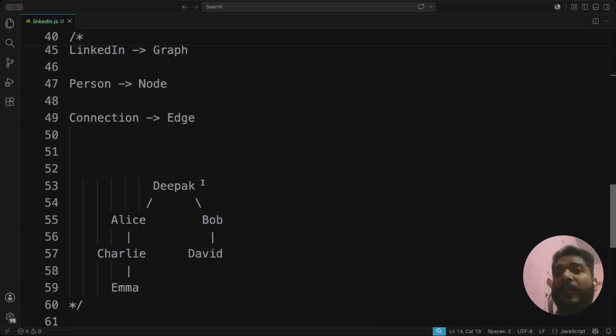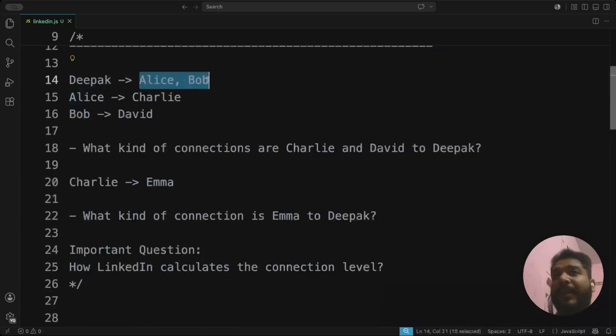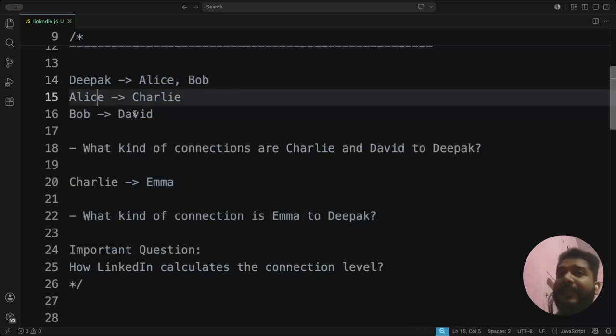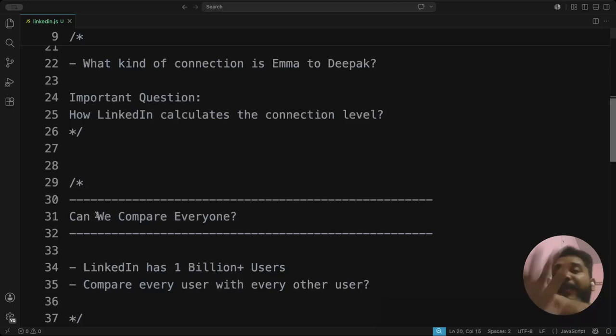In my LinkedIn connections, Alice and Bob are my direct connections. Charlie is a connection of Alice, David is a connection of Bob, and Emma is a connection of Charlie. So what if we represent this whole thing as a graph?